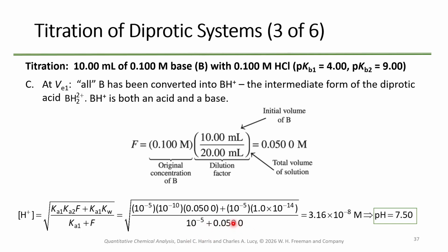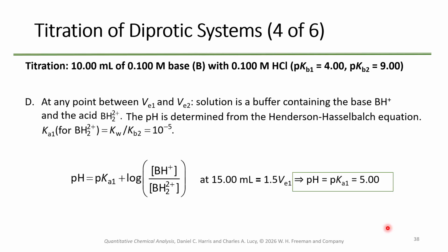You can just put this value, right? Notice, though, that your multiplications very much matter, okay? So you got to be really careful with multiplications. Okay, so we go ahead and solve all of that out. We get this value for H plus concentration. We take the negative log of that, and we get the pH. Anybody have any questions there? Not lose anybody? Okay.